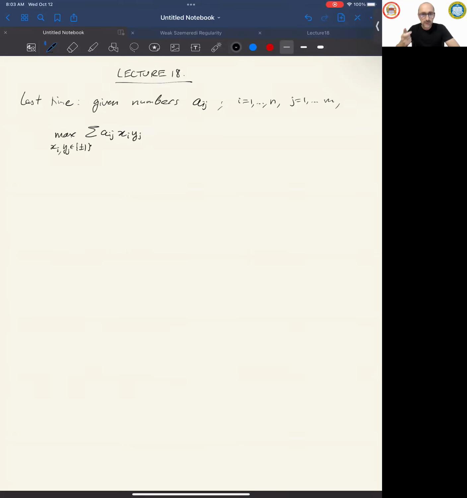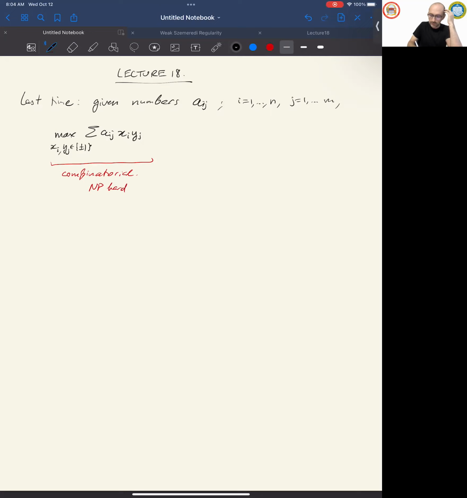And so if you want to solve this problem by checking all of them and then finding the maximizer, that would be too hard, too time consuming, 2 to the n exponential time. So this is a combinatorial problem, NP-hard.